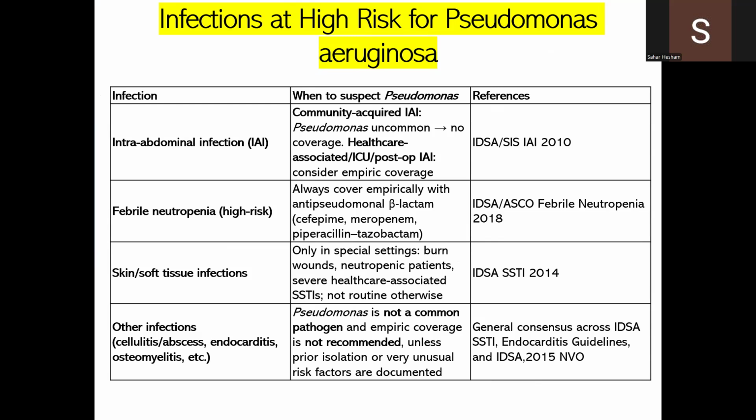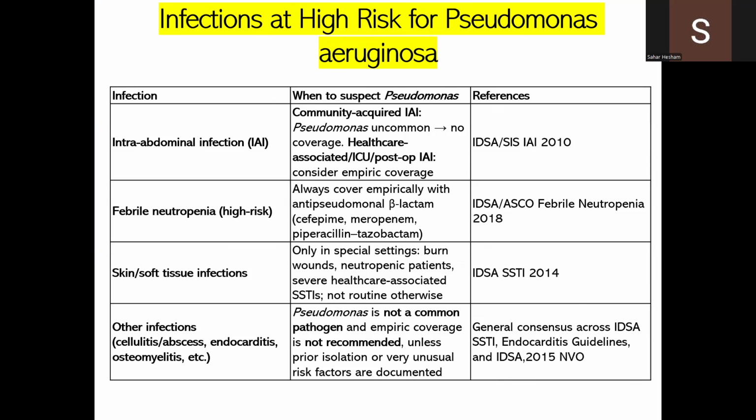Also for healthcare-associated infections like intra-abdominal infections, we should not consider Pseudomonas as the core pathogen, but we usually give anti-pseudomonal agents for these infections because we want to give broad spectrum. So we use the anti-pseudomonal beta-lactams not to focus on Pseudomonas, but because they are broad spectrum.